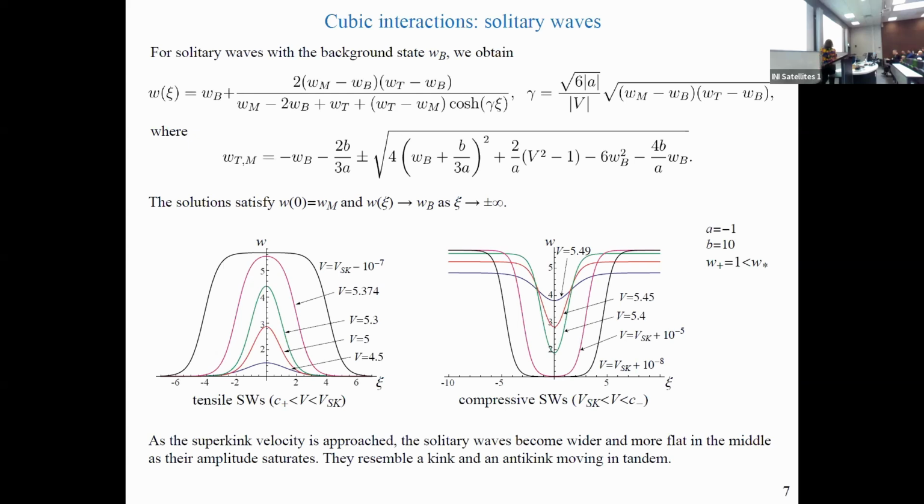And you can see that as we increase the velocity, unlike the usual FPU solitary waves, which increase without bound in amplitude and usually become narrower, here they broaden and the amplitude saturates to approach the amplitude of the kink.